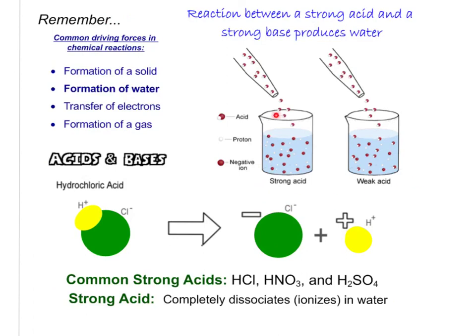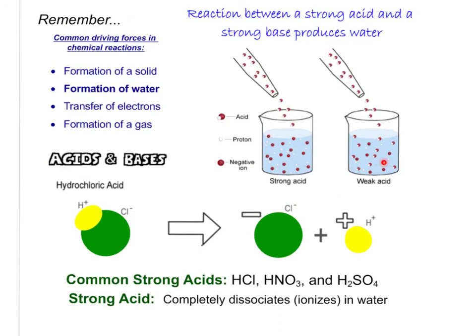A strong acid will look like this, where the different ions will completely dissociate and will move about independently in that water. A weak acid will not. Some of the ions remain attached and bonded in that water. So that's the difference between strong and weak acids.